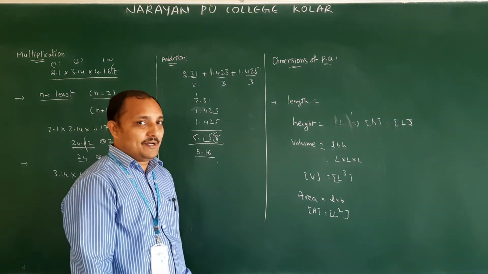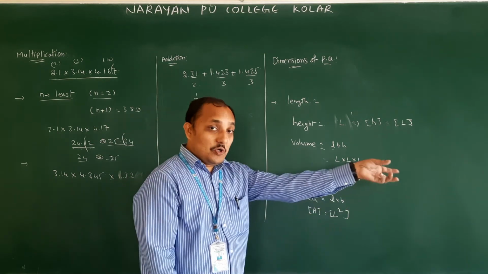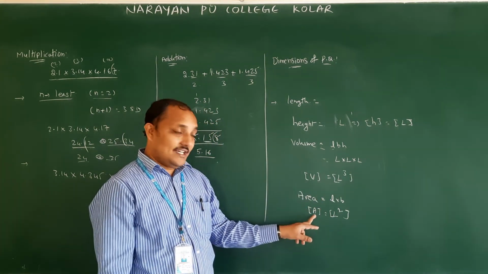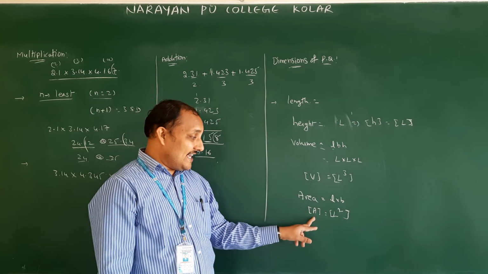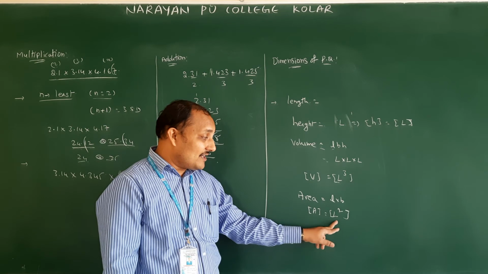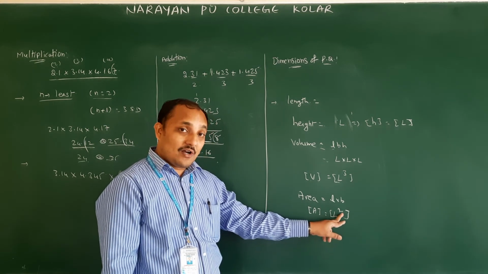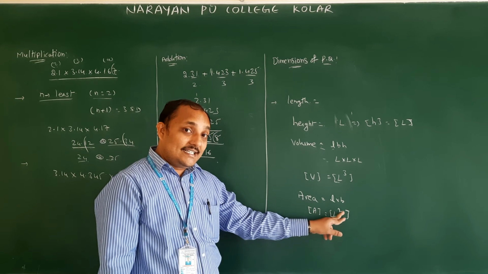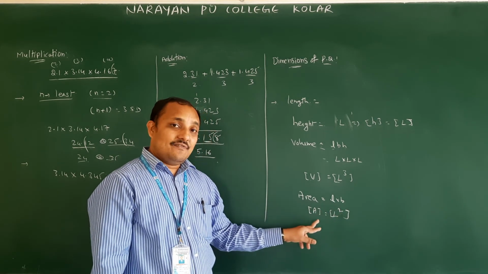Now what is the dimension? What is the dimension means? To represent this physical quantity, which physical quantity I represented here? Area. To represent area, I raised fundamental physical quantity or base quantity to the power of 2. So this 2 is called dimension of this physical quantity.